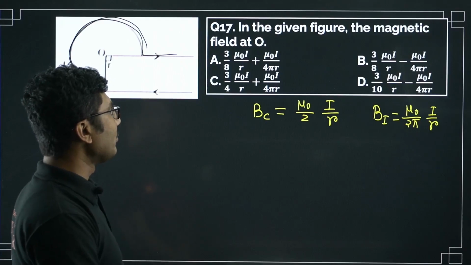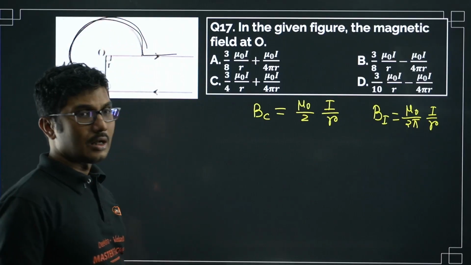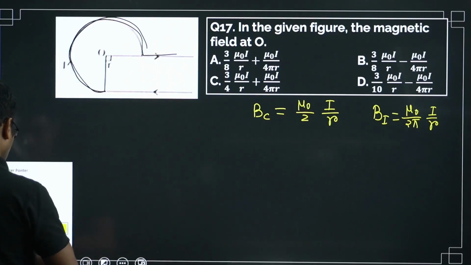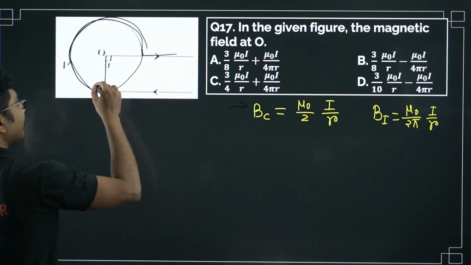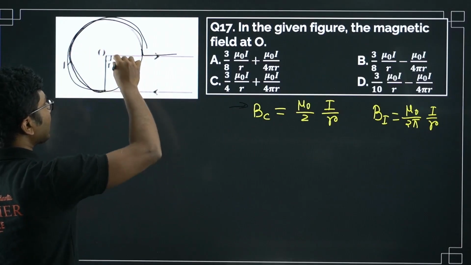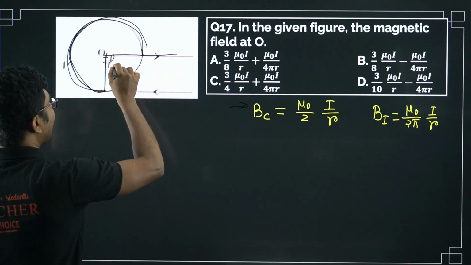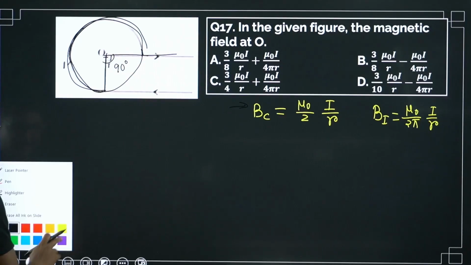First of all, we have to identify the magnetic field due to this circular loop. If the circular loop was complete, this is the magnetic field. Now this is not complete. How much is it missing? It is missing an angle of 90 degrees.